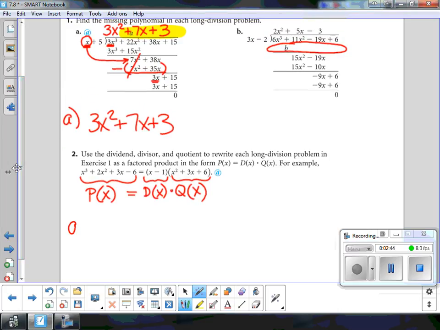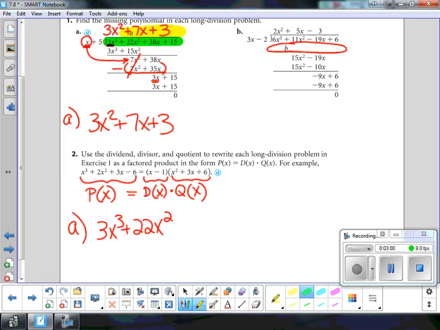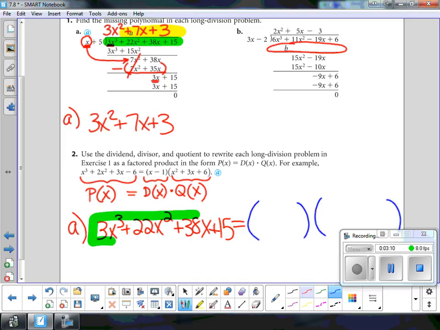For 2a, you would write it this way. The polynomial would be the original problem underneath the dividend. So we're basically taking 3x cubed plus 22x squared plus 38x plus 15, and you're figuring out what two factors multiply to produce that.